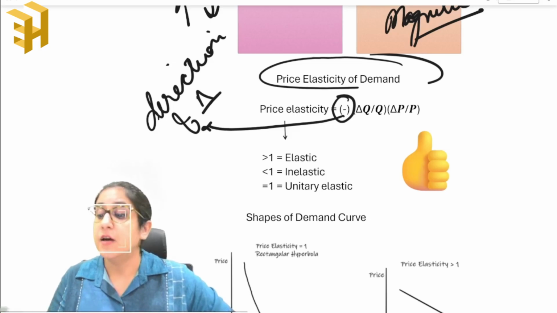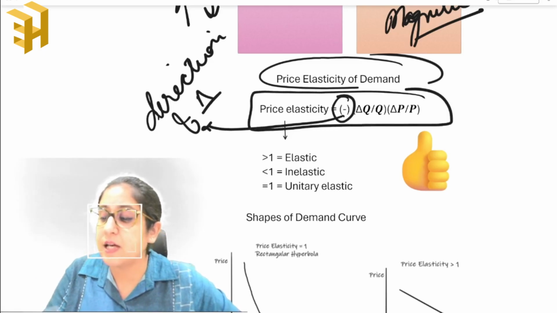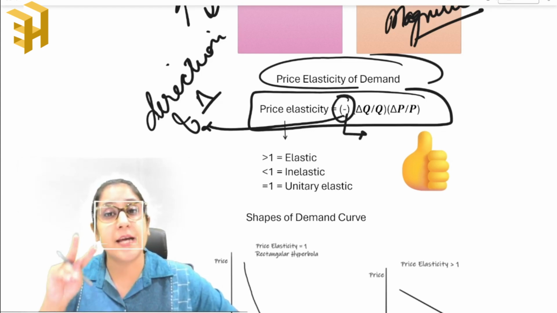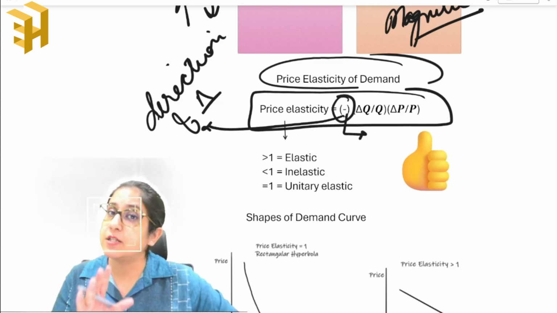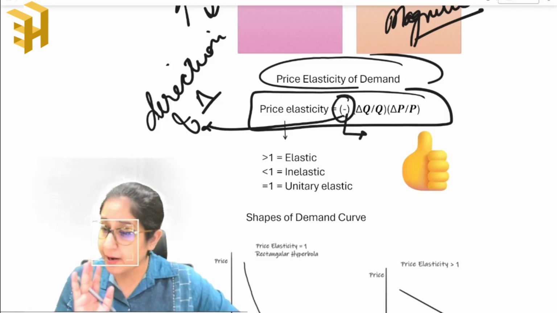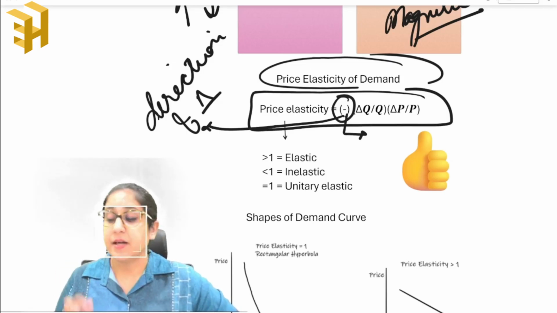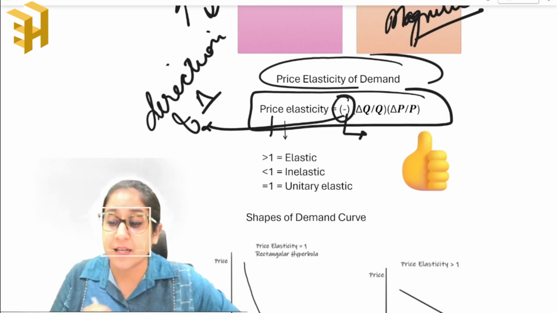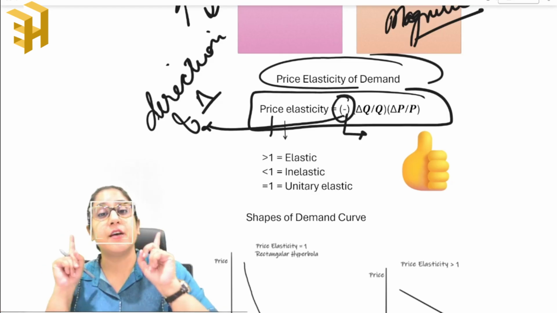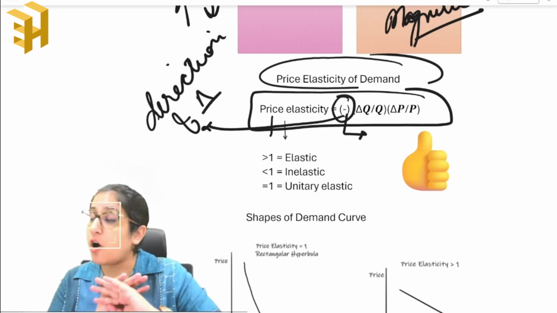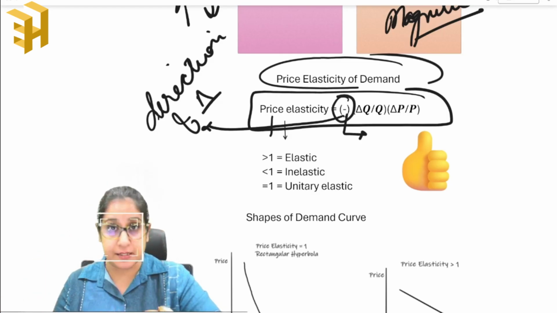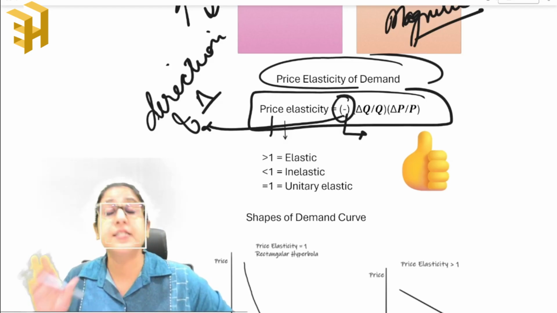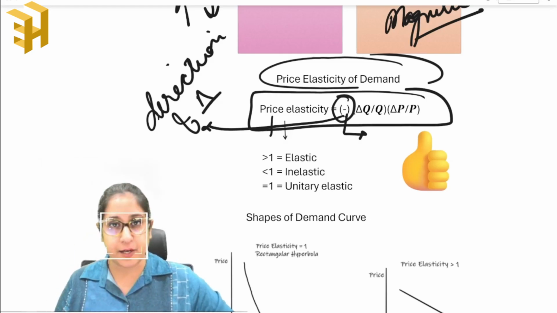So this negative sign tells you that quantity and price are inversely related. Another thing is the values of it. Whenever we calculate price elasticity, we are going to take the absolute value. We are not going to take into account the signs, negative or positive, but just the absolute value.